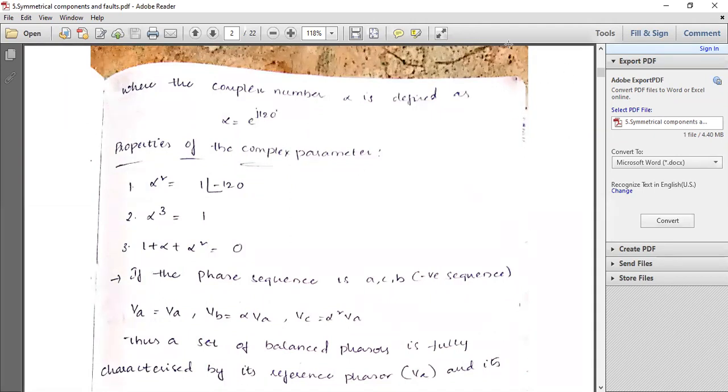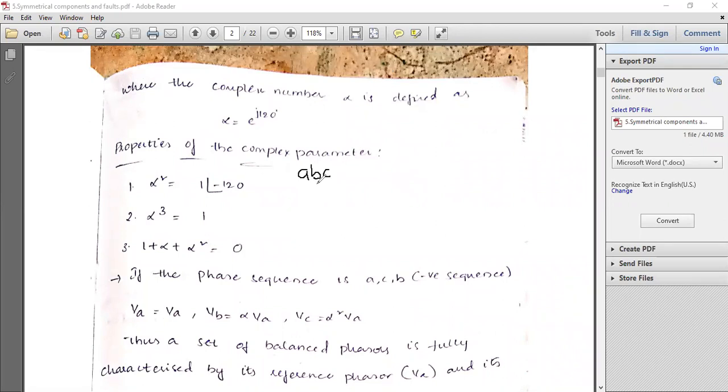Now, if we are considering the phase sequences A, B, C, the three sets of voltages or currents are nothing but positive sequence components, negative sequence components, and zero sequence components. Symmetrical components are mainly classified into positive sequence, negative sequence, and zero sequence components.